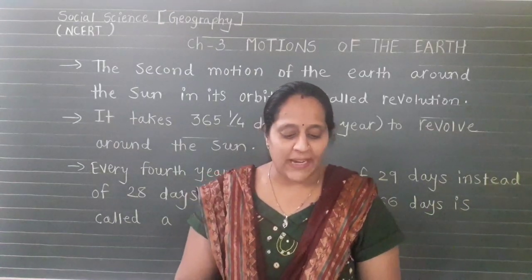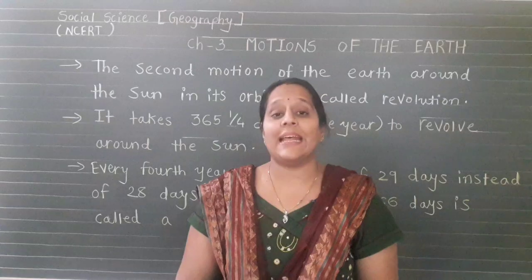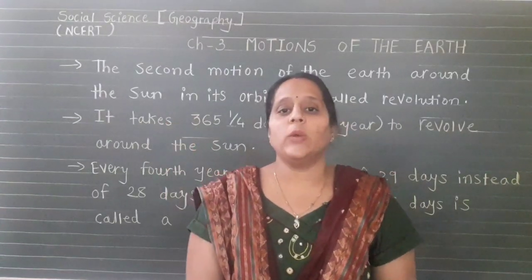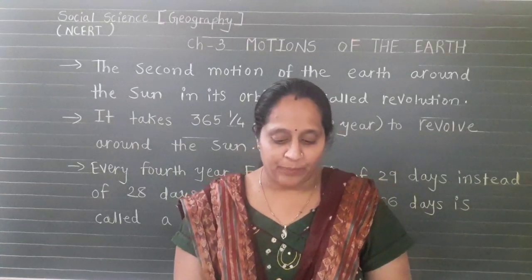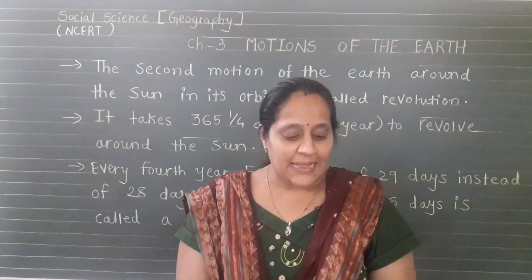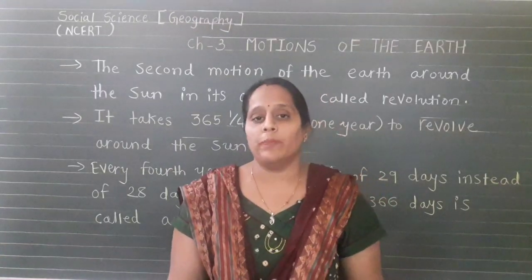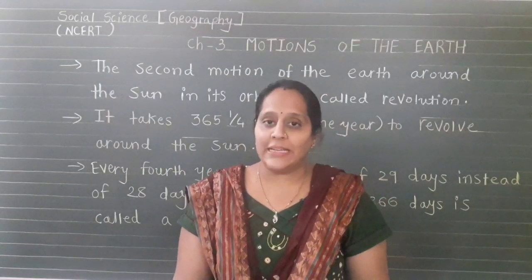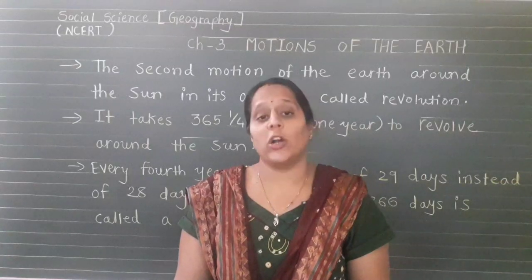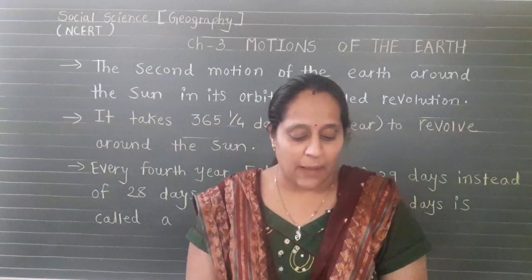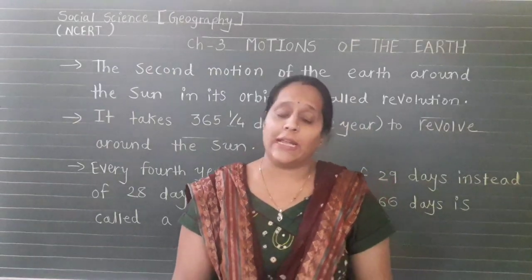Notice that throughout its orbit the Earth is inclined. Inclined means it is tilted at 23.5 degrees. In the same direction, a year is usually divided into summer, winter, spring and autumn seasons. Seasons change due to the change in the position of the Earth around the Sun.